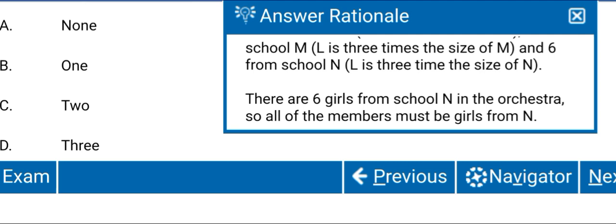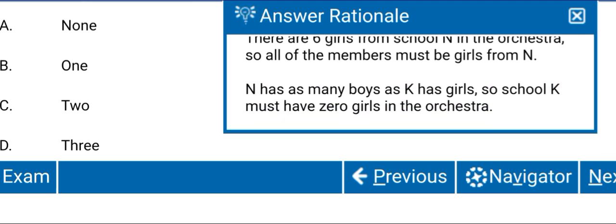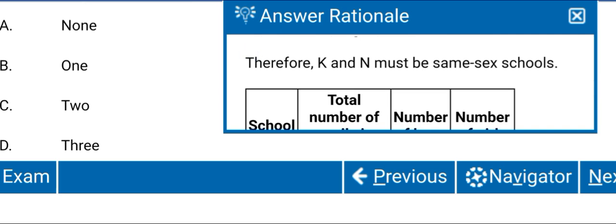There are 6 girls from school N in the orchestra. So all the members must be girls from N. Therefore, K and N must be the same sex schools.